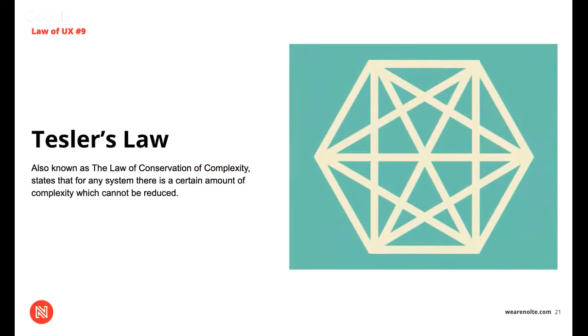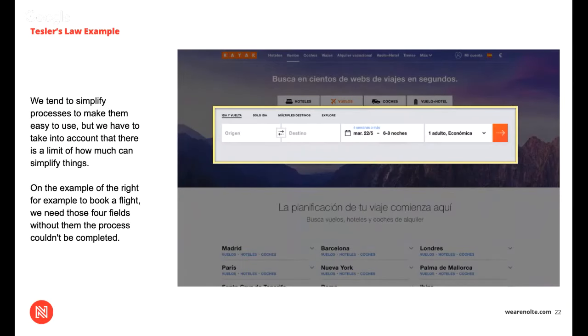Another law is Tesler's law, also known as the law of conservation of complexity. This states that for any system, there is a certain amount of complexity which cannot be reduced. A practical example: sometimes we, as designers, tend to simplify all the UI to make it look simpler to use.